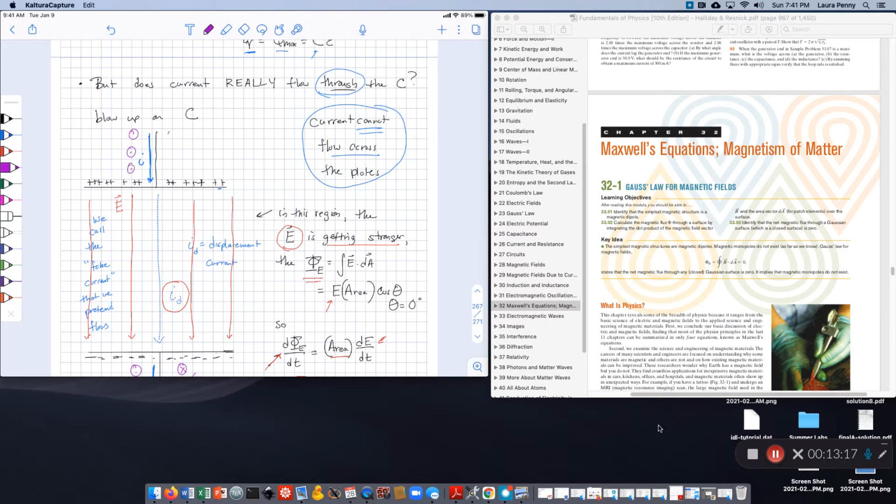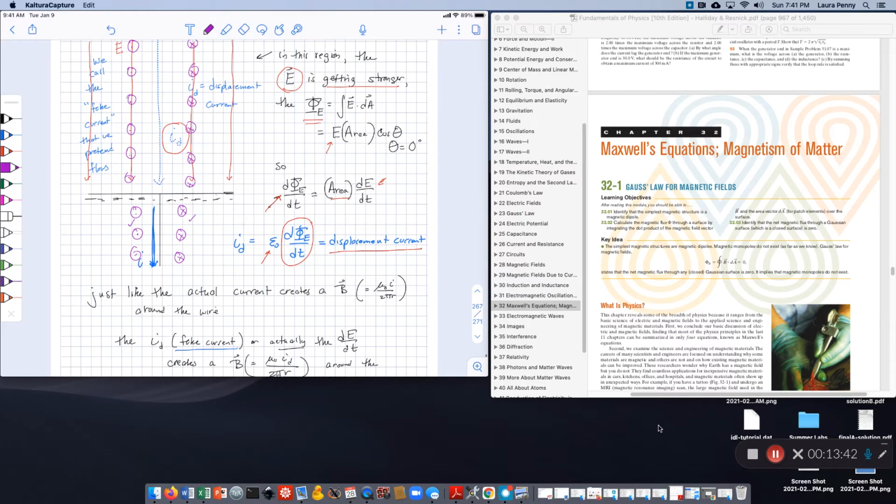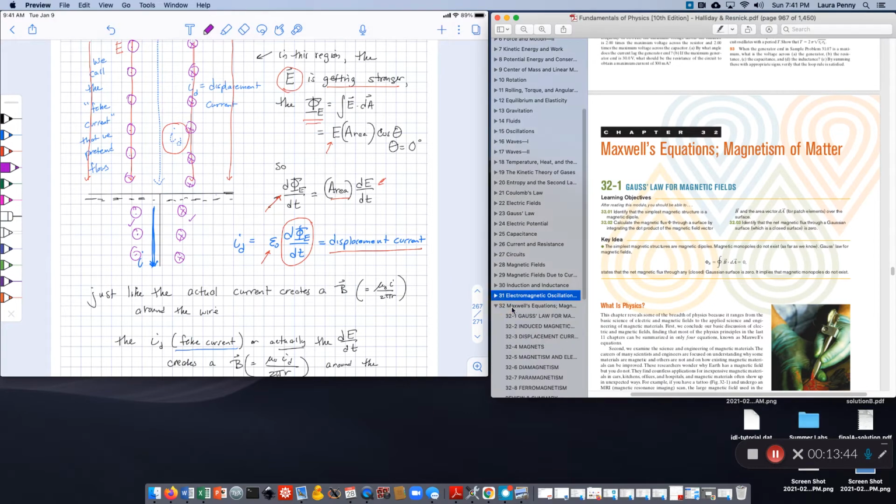I get a magnetic field which looks like this. Inside the capacitor, I'm also getting this. Around the capacitor, I am also producing this magnetic field. I'm essentially producing a circular magnetic field in that location.